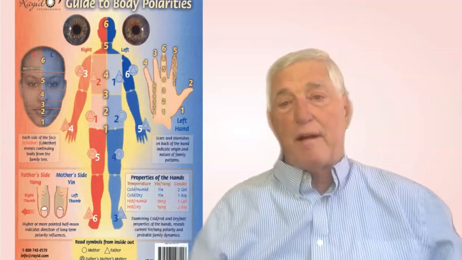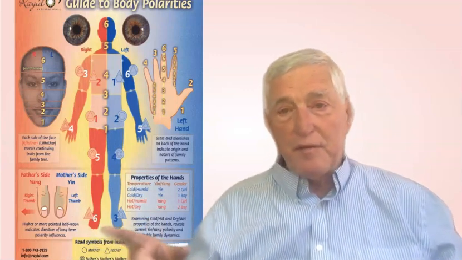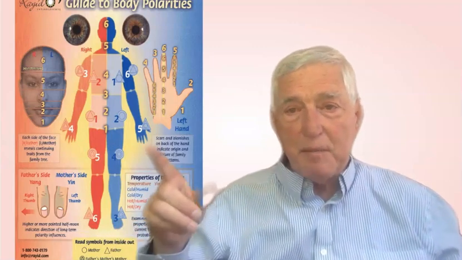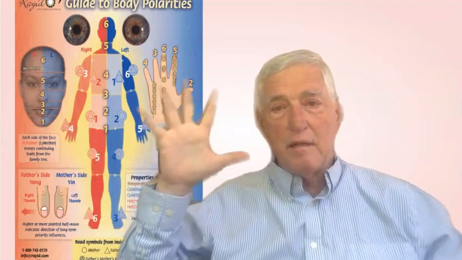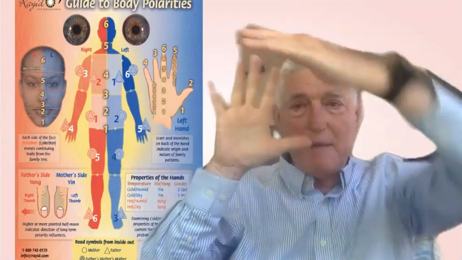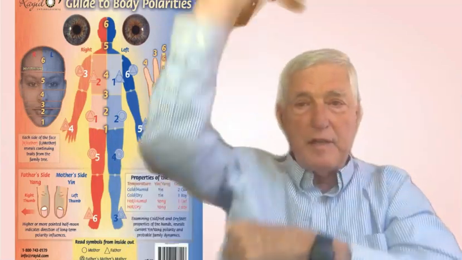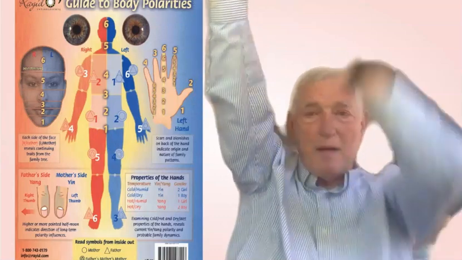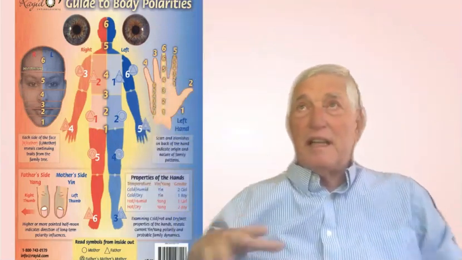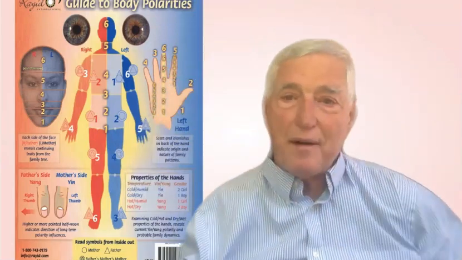Yes, it's all there. Right down to the tips of the toes being the head, the tips of the fingers being the head, the hand, the top, the bottom, the arm. This is the bottom of the arm. This is the top. It's all part of the same pattern.